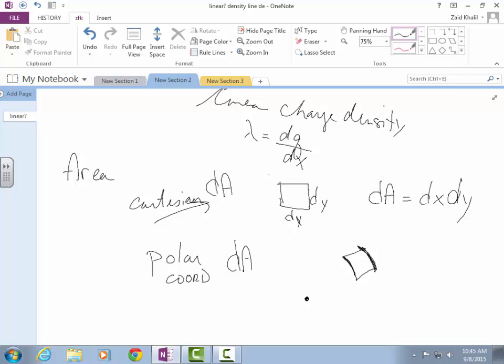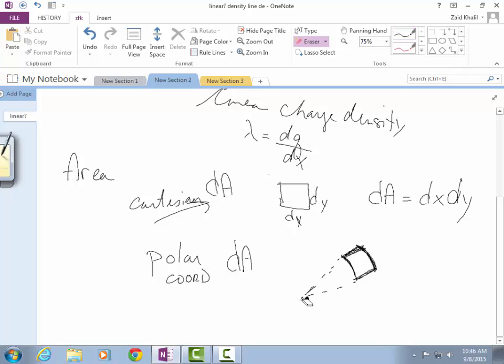This little areal element, dA, is located how far away from the origin? R. It's located R away from the origin. This is not curved. This is curved. The two sides aren't curved. So now, what are the dimensions of this box? Well, let's go with the easy one.